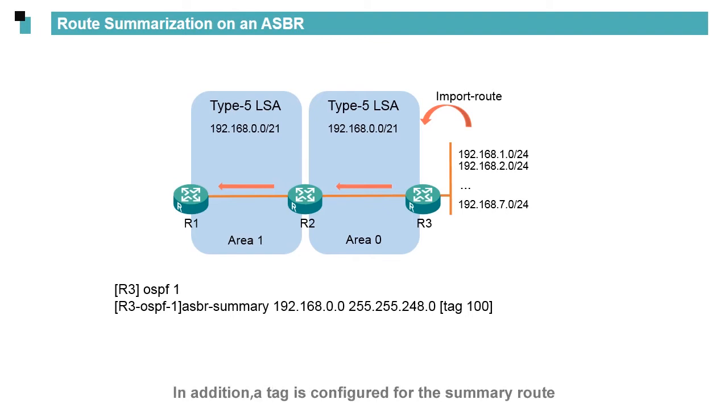In addition, a tag is configured for the summary route and can be applied to routing policies. R3 floods the summary route to OSPF areas through a Type 5 LSA.